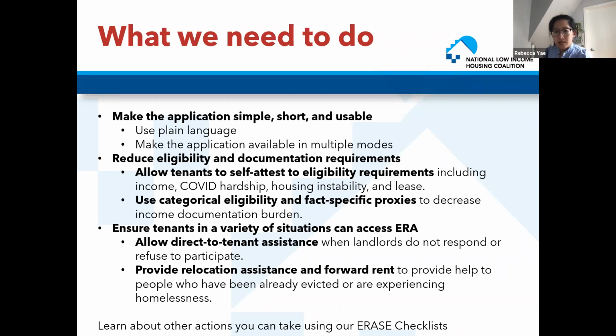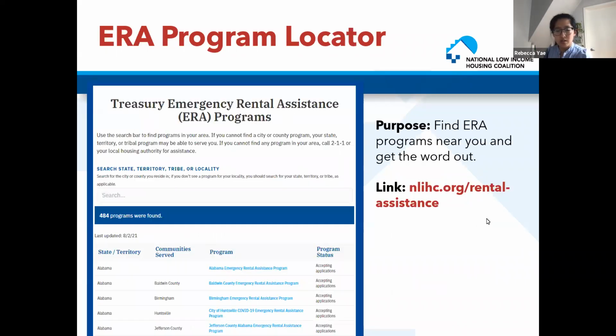And then next slide, please. I'm just gonna quickly go over a couple of resources just in case you haven't seen them. If you're looking for an emergency rental assistance program near you or want to help get the word out in your neighborhood, you can check out our emergency rental assistance program locator. And I think people will be dropping these links into the chat as well.